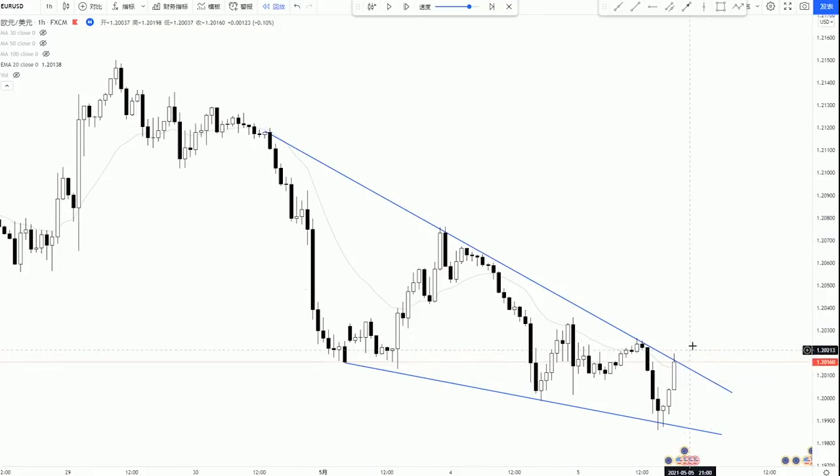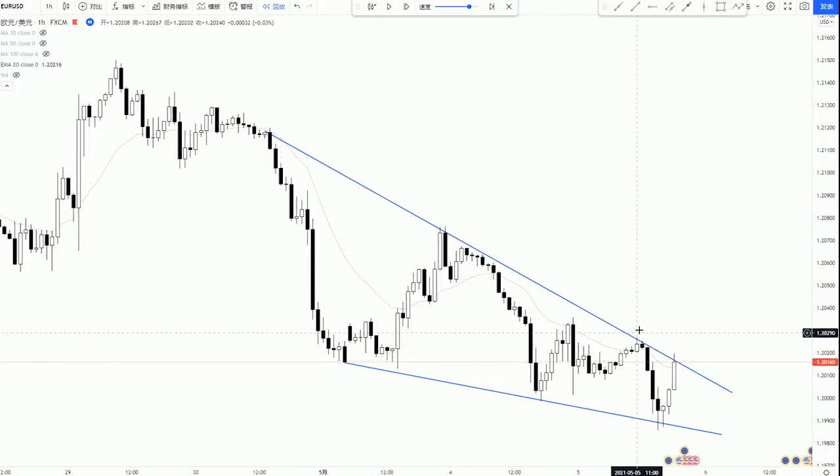But what we can think about is, if this breakthrough fails, what does that mean, that the wedge fails? So this wedge is probably going to go sideways for a while and then it's going to go up. So when you narrow your stop loss and increase your profit/loss ratio, you're going to decrease your win ratio. You can't increase your profit/loss ratio and increase your win ratio at the same time.